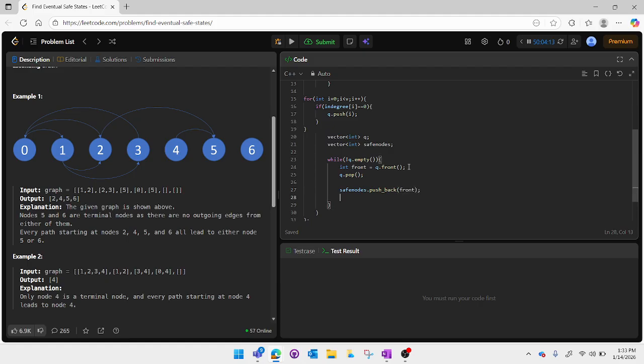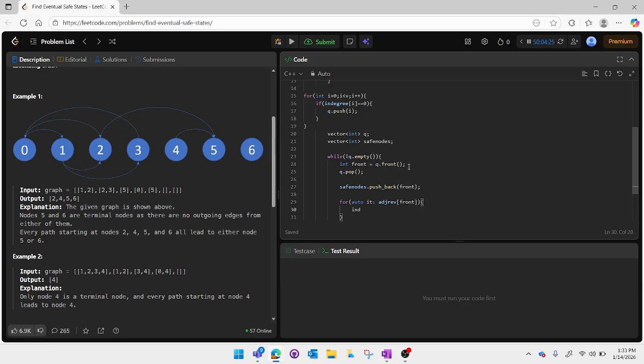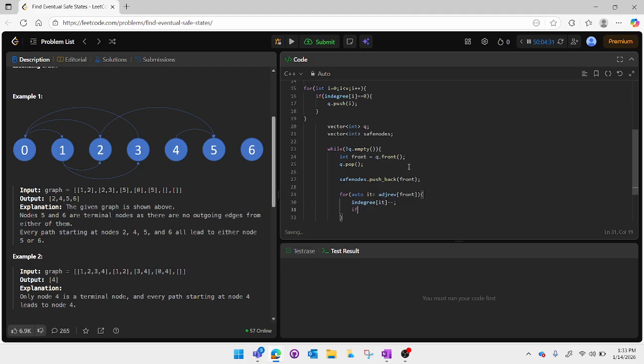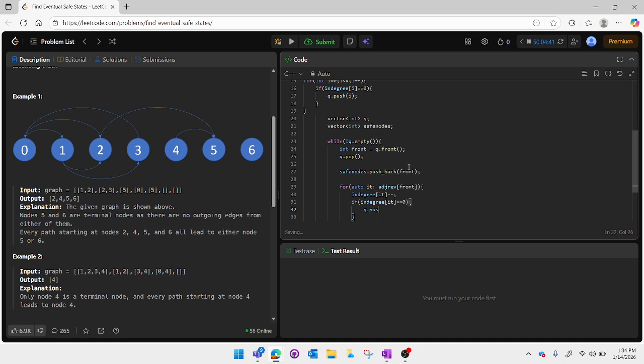Now I will iterate over the adjacency list for the current node and will reduce the in degree of the adjacent node by 1, and at any point if the in degree of an adjacent node becomes equal to 0, I will simply push it inside the queue.